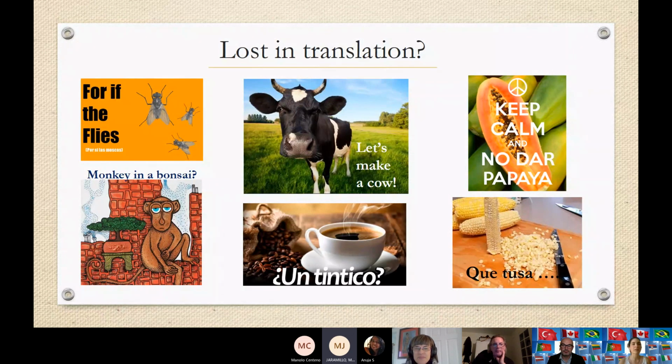We offer a friend or someone we need to talk to a tintico, and this means they really need to talk seriously about something, or they're going to give us moral support, or I guess very similar in Argentina when they have mates together. Having a tintico is bonding time.